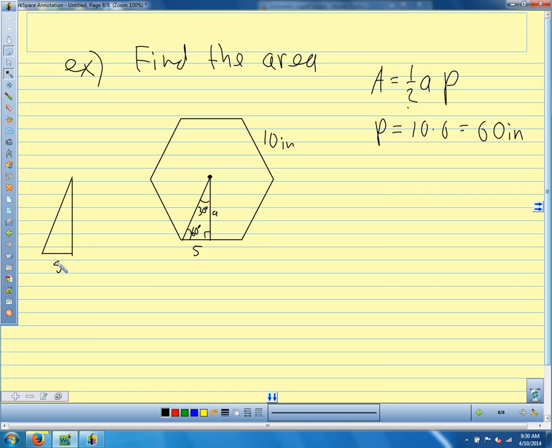And I'm going to draw that 5, call that A. You can just redraw it. And we know this is the short, this is the long. We want to go from the short to the long. We know we have to multiply by the square root of 3. So the apothem is 5 times the square root of 3.